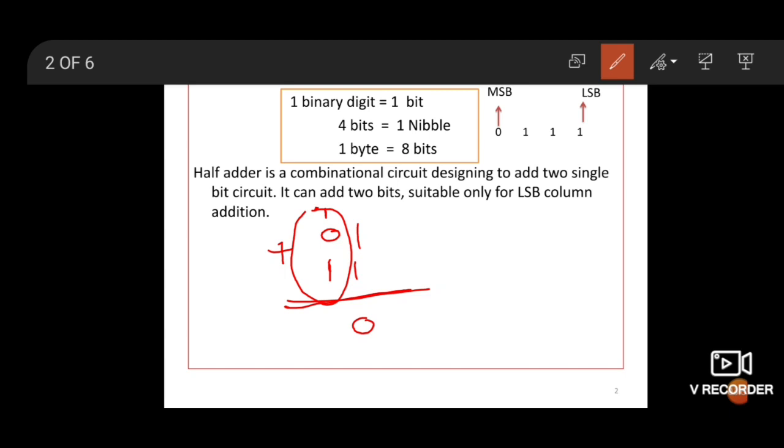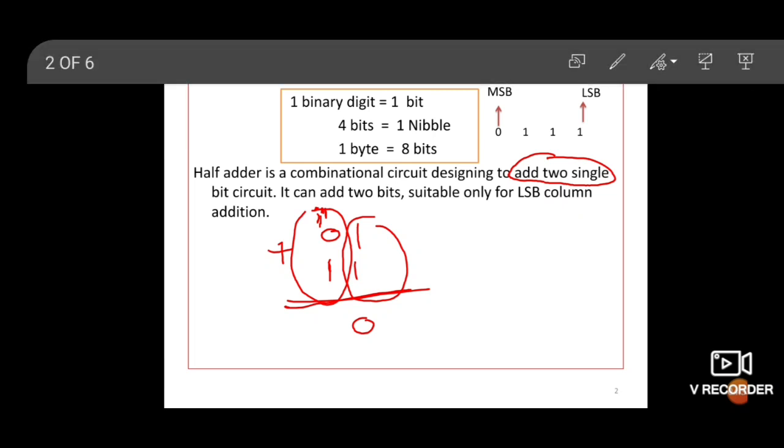But this is not possible in half adder, because half adder is only to add 2 single bits, not 3 bits. So half adder is only for the LSB column. Understood students? Half adder is only used for addition of the LSB column.